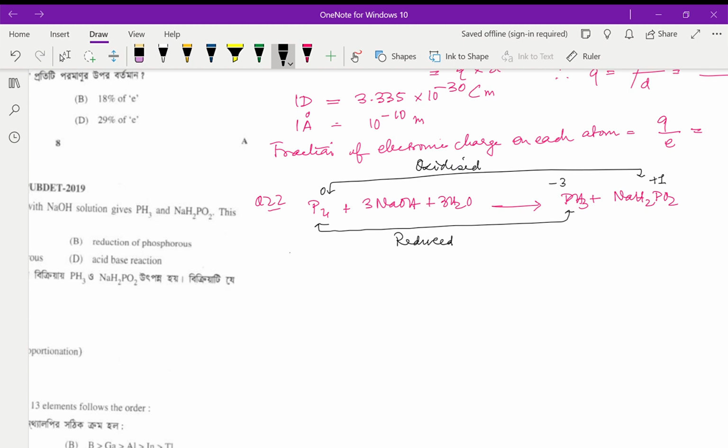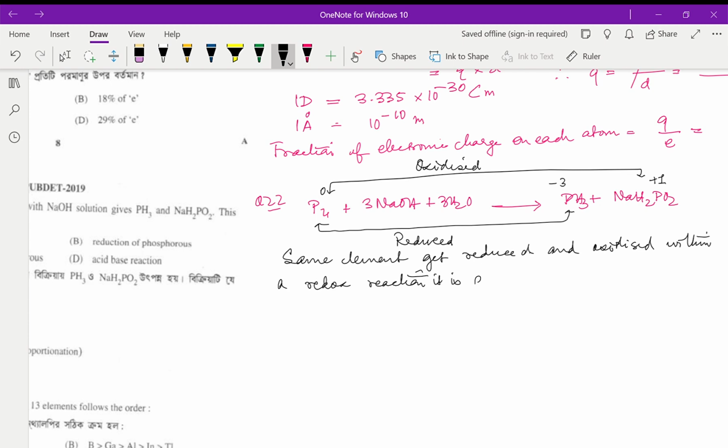When the same element gets reduced and oxidized within a redox reaction, it is called a disproportionation reaction.